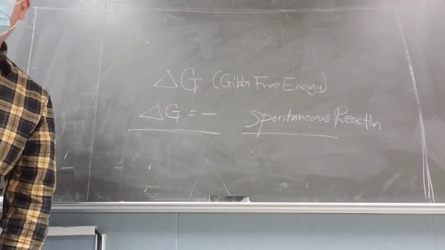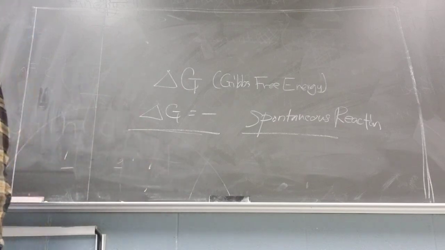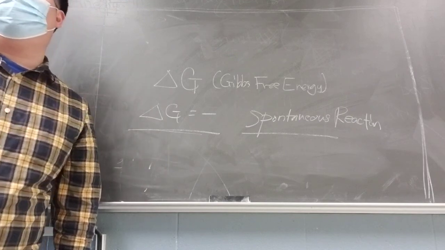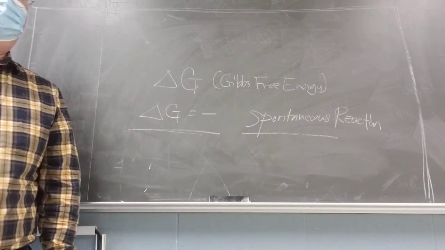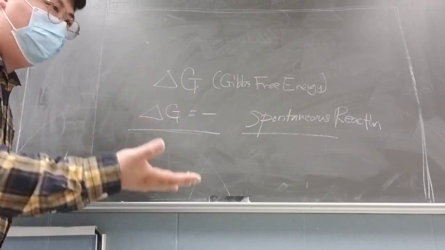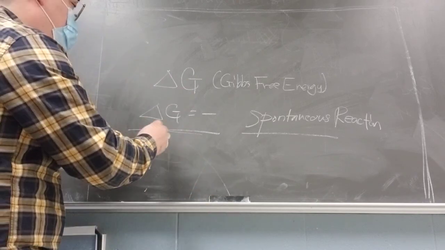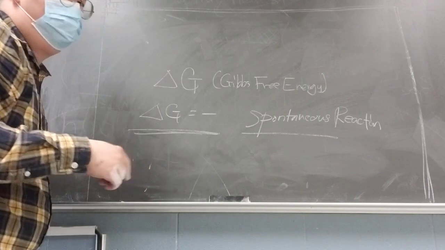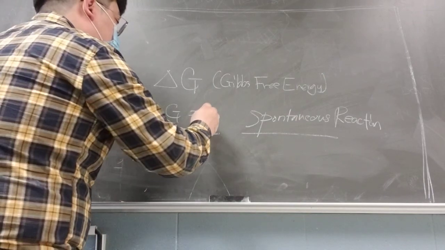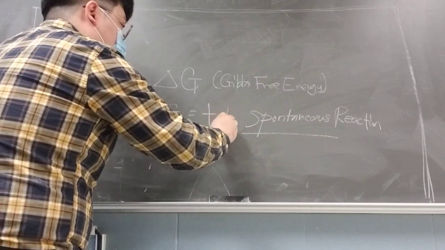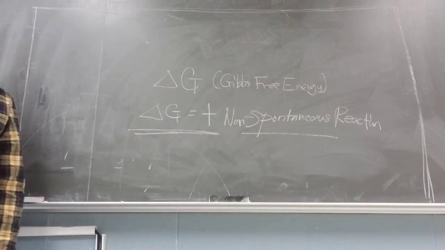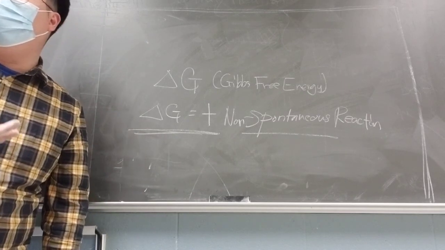So they can do the negative change, so they'll be more stabilized at the end. They do that because they want to be more stable. Everything in the universe always tends to go into a lower energy state. That's why when it's negative, it'll be spontaneous, because they want to be even more stable. So if it's positive, it will be a non-spontaneous reaction, because whenever they do the reaction, they'll be even more unstable.